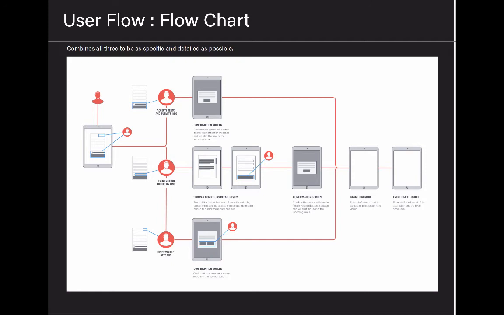So our last one to talk about is called a user flowchart. This one is kind of a combination of wireframe storyboards and the information architecture. What this really does is try to get to a very specific level, like what elements are on the screen, what buttons have been clicked, when they're clicked, what happens.